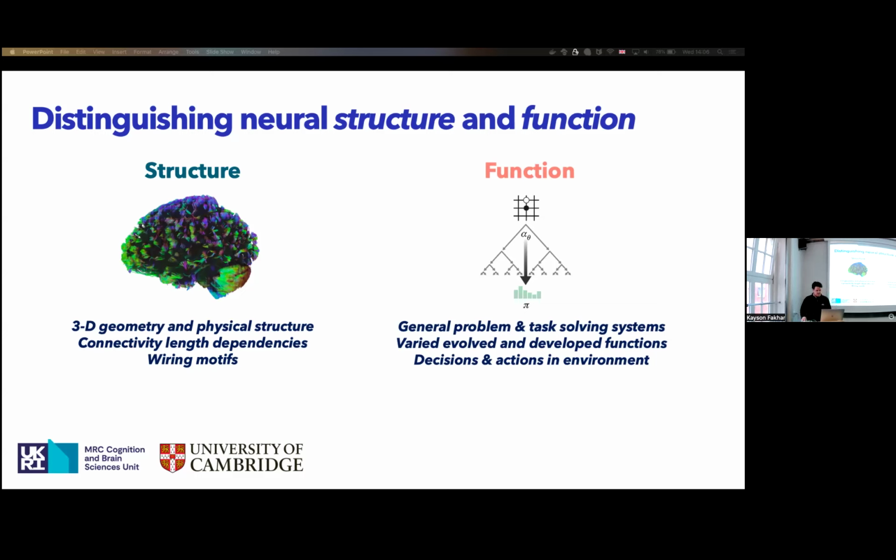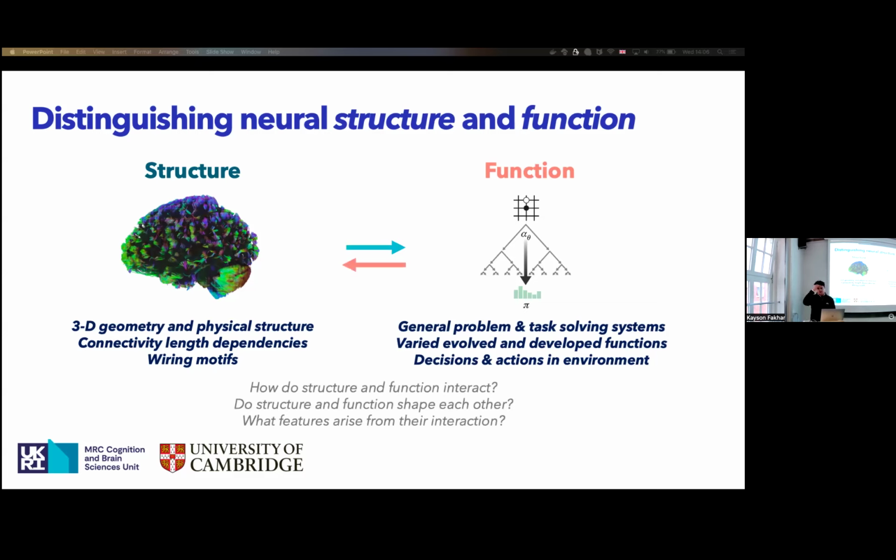Whilst we make this clear distinction between the two, it's not obvious how to tackle the questions that interact between structure and function. Some of the questions I was quite interested in were: how do structure and function interact directly? Do they shape each other? And if so, how? And what features arise from their interaction that can't be explained solely within one framework?